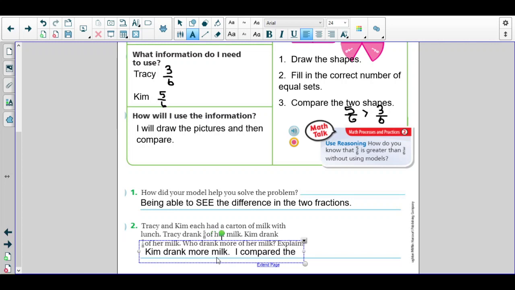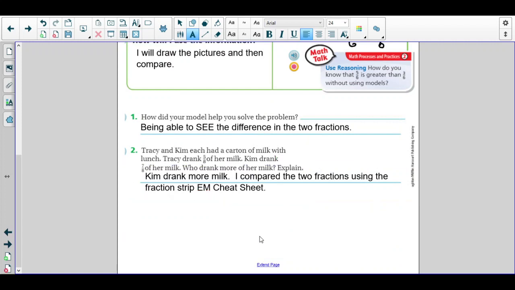I compared the two fractions using the fraction strip everyday math cheat sheet. And that's what I called it. Okay.